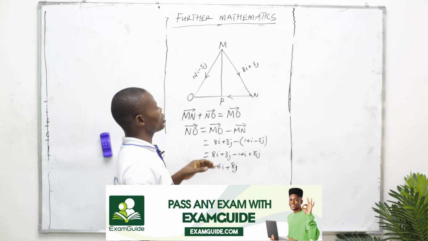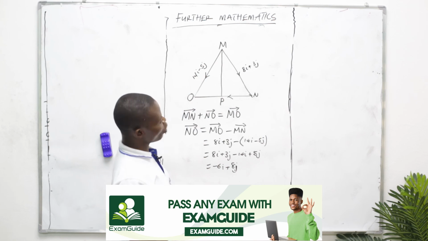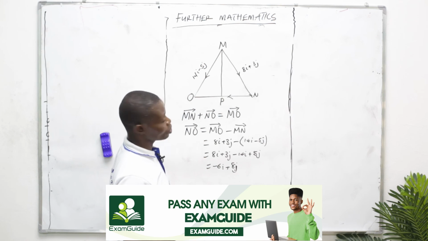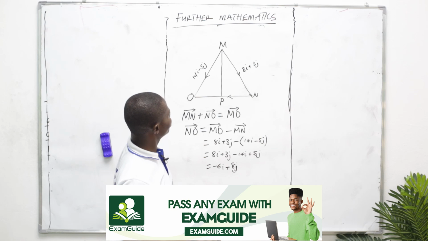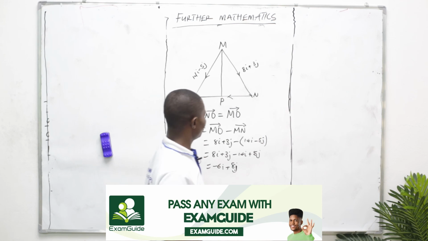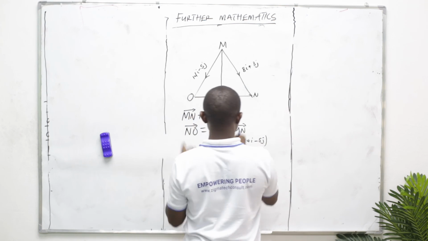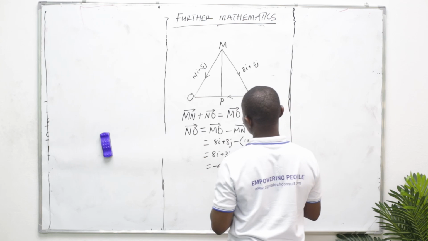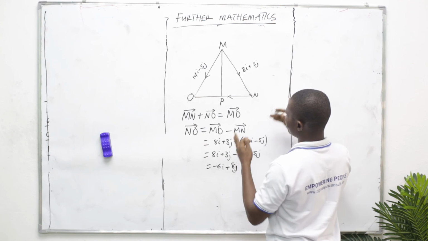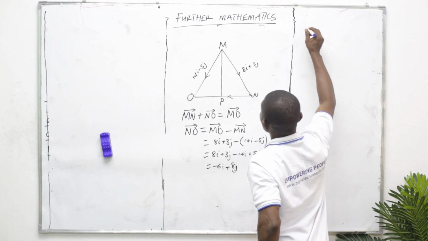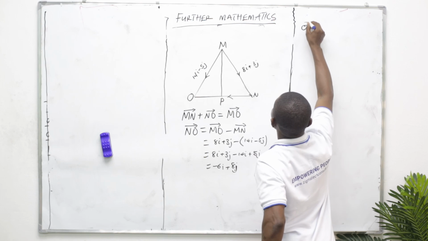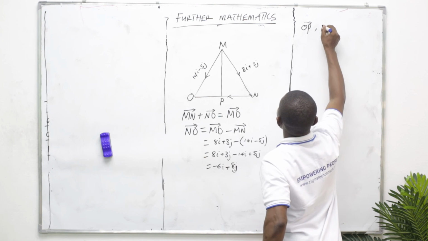But recall that P is a midpoint. So we need to get the midpoint of this: OP and PN. This is OP, and we also have PN.